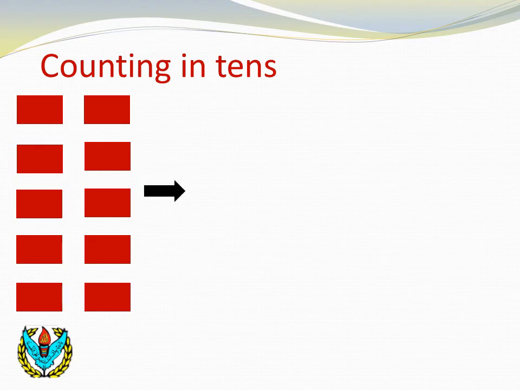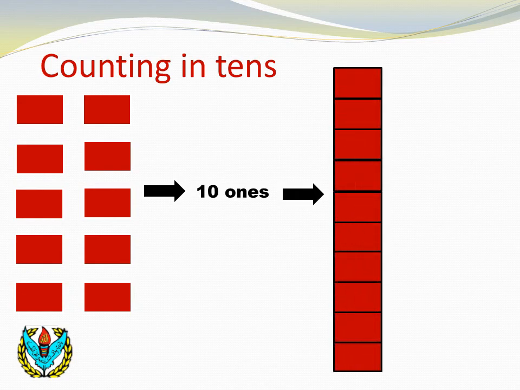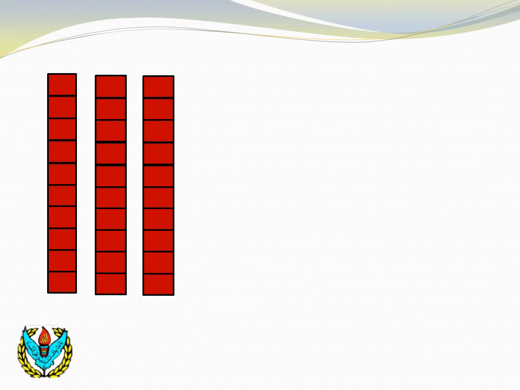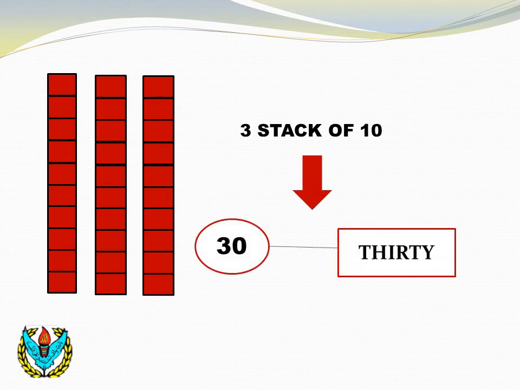These 10 blocks or 10 ones make 1 ten or 1 stack. There are 3 stacks, 1, 2 and 3. 3 stacks of 10 make 30.